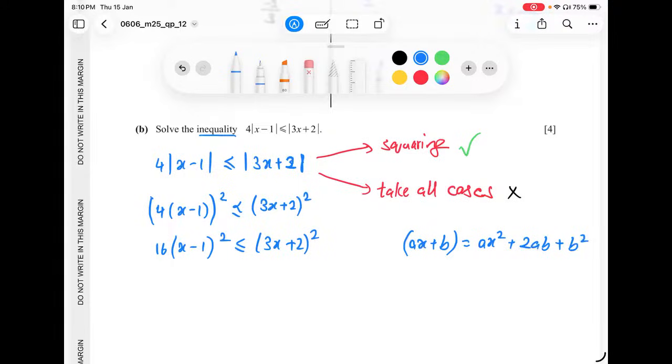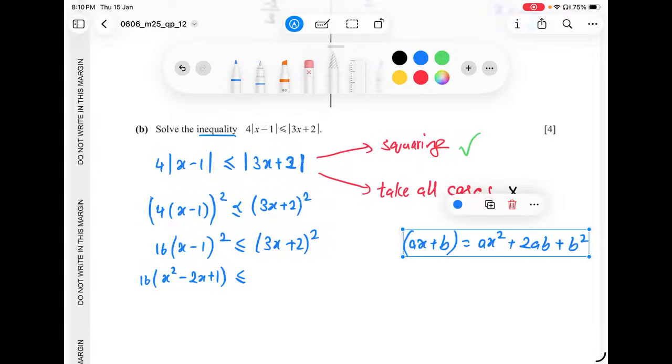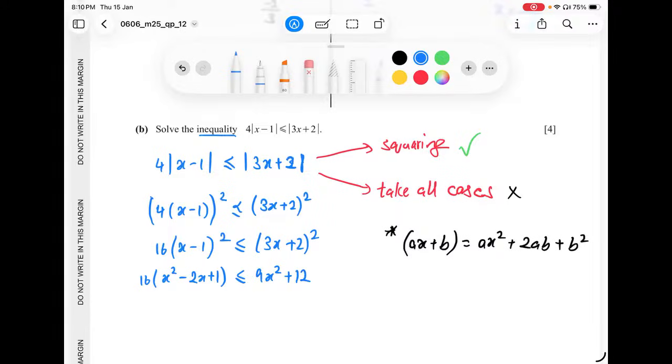Applying this formula here, you get x squared minus 2x plus 1. If you can remember, this is the formula. Now this should be 9x squared plus 6, so 3 times 2 is 6, times 2 is 12x, plus 4. So now this becomes 16x squared minus 32x plus 16, less than or equal to 9x squared plus 12x plus 4.